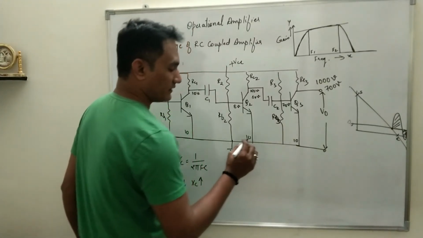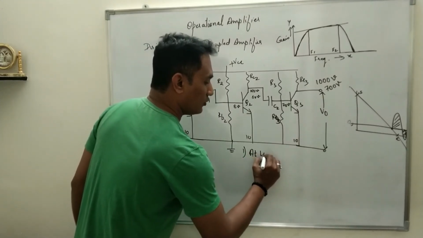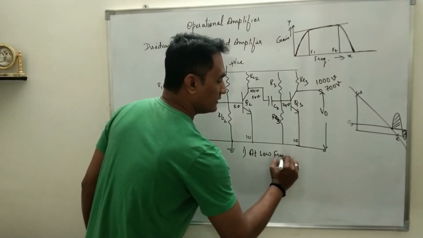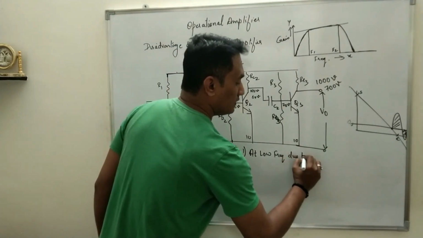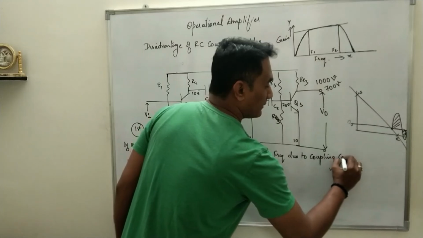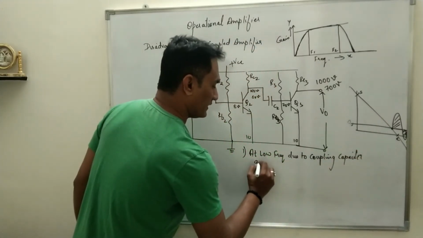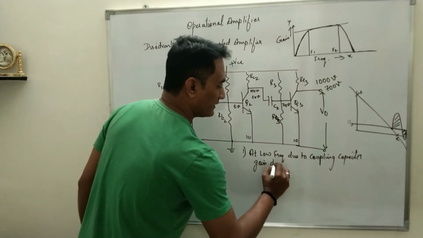RC coupled amplifier. The first disadvantage is at low frequency, due to coupling capacitor, the gain decreases.